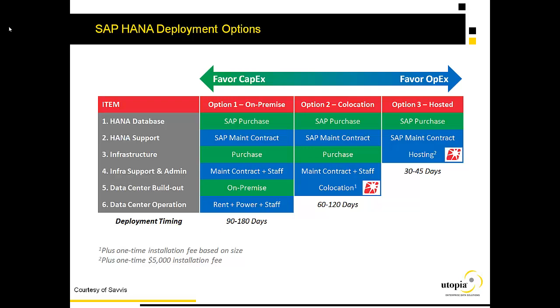So that is the SAP maintenance contract for the applications. You've got to make sure that that's embedded in there. So it's part of the SAP purchase. And then here's where we start to get into differences, which is the infrastructure. The first two require you to purchase and build out your infrastructure.